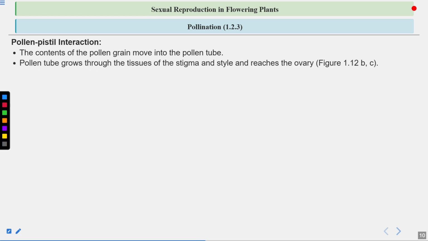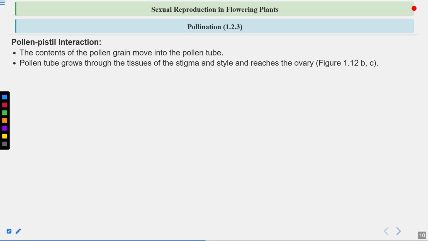So the pollen tube grows through the tissue of the stigma and style and reaches the ovary. If this pollen grain is compatible, then the stigma allows it to penetrate, the style allows it to penetrate, the ovary allows it to penetrate.